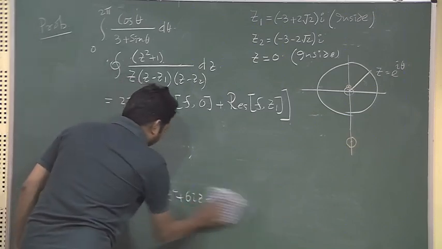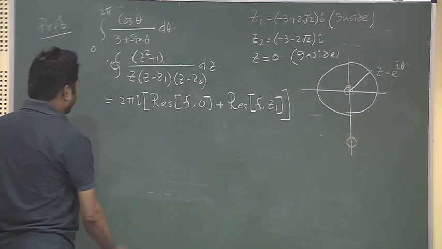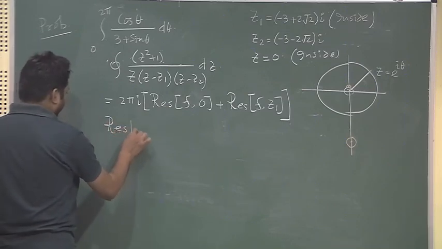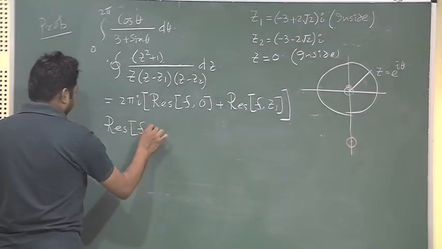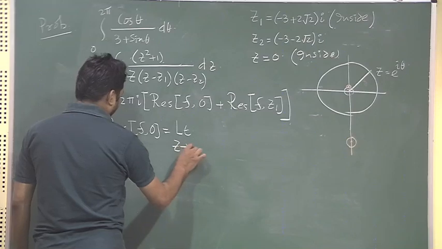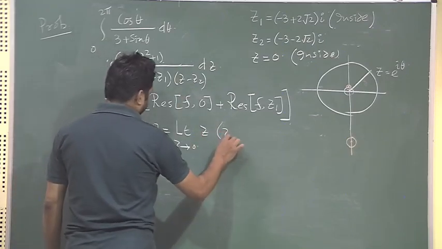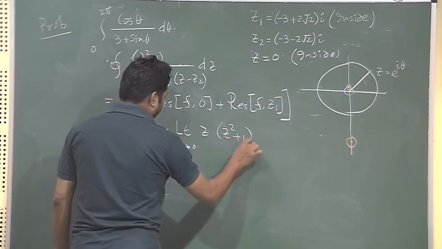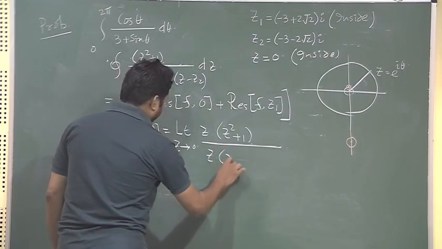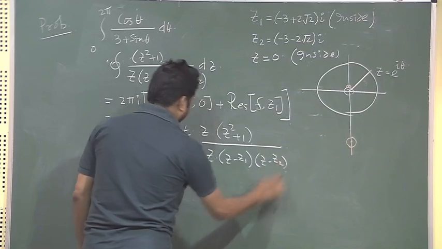Okay. So, let me erase this part. So, first I need to calculate the residue at 0. The residue of this function at 0 point is the limit Z tends to 0, Z multiplied by the entire function, which is Z square plus 1 divided by Z into Z minus Z1 into Z minus Z2.